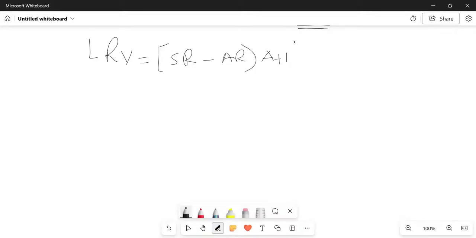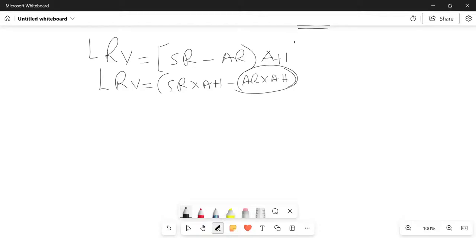I don't see actual hours. So I will open up this bracket, say SR times AH minus AR times what here, somebody? AH. And of course, we can baptize this very well. AR times AH should be known as who? Actual labor cost.